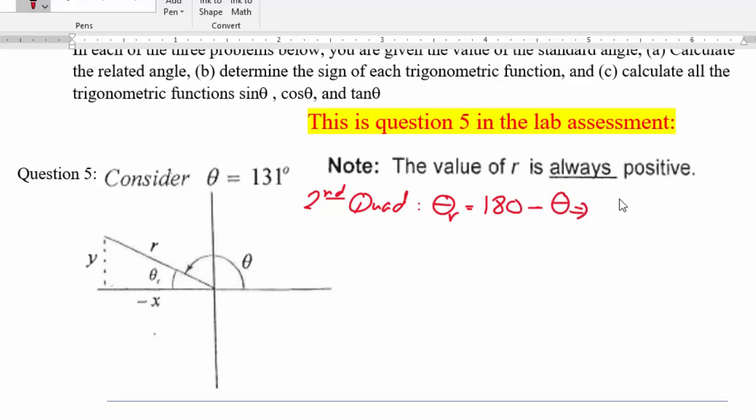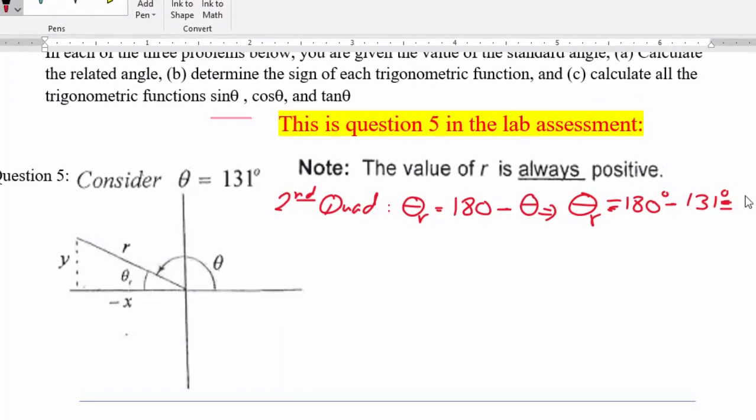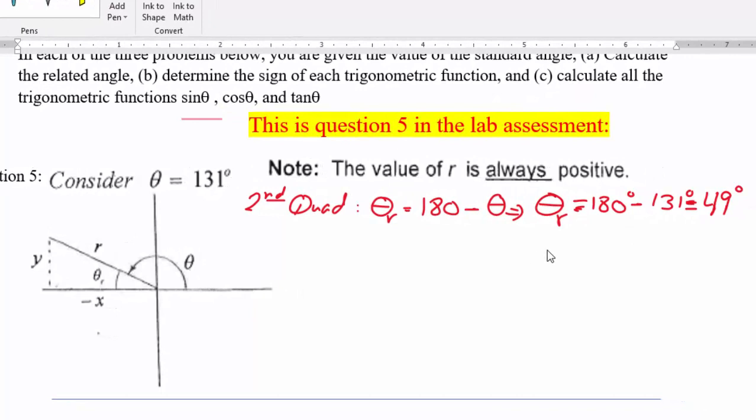So the related angle would be equal to 180 degrees minus 131 degrees, and this should yield 49 degrees. The related angle is important in order to calculate the trigonometric functions.